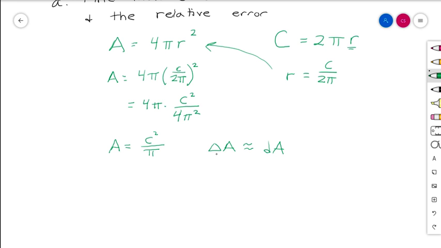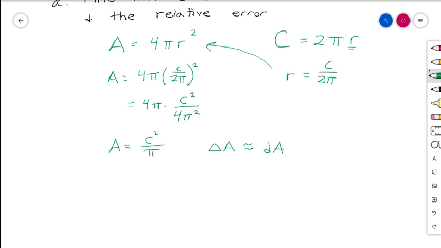So the maximum error is really this delta A, the change in the surface area given the error of the circumference. And we're going to approximate it using the differential, which is calculated on the slope, excuse me, the tangent.